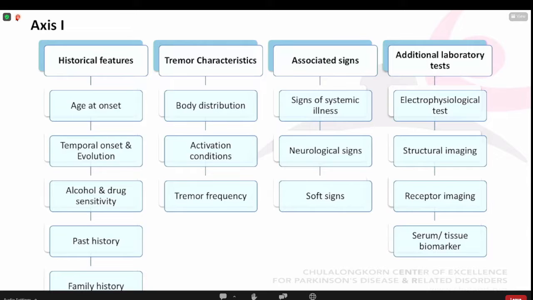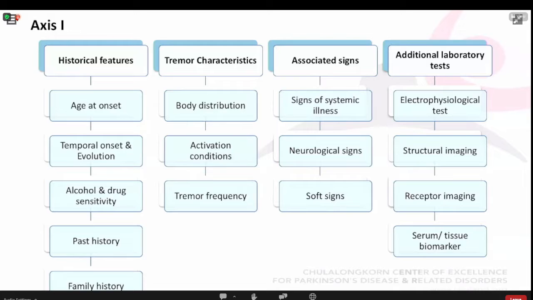For axis one of the tremor, you should get the history features like age of onset, temporal onset, alcohol drinking and sensitivity to alcohol and drugs, and also past history and family history. And you have to get the tremor classification like body distribution, activation, or frequency that you have to notice.